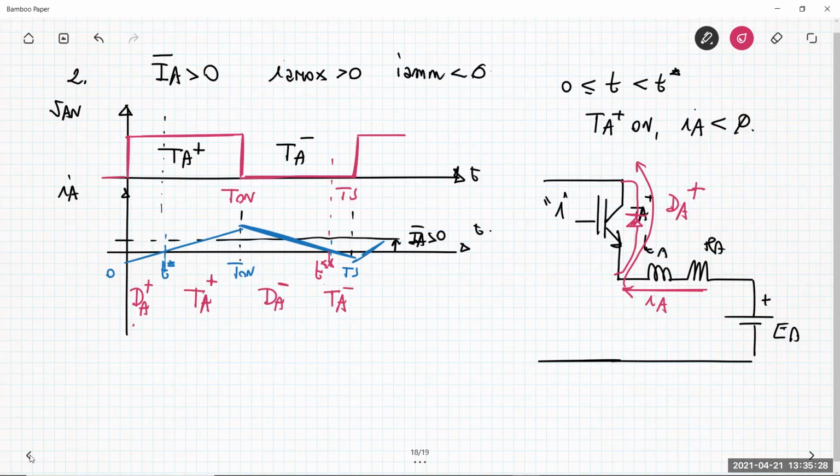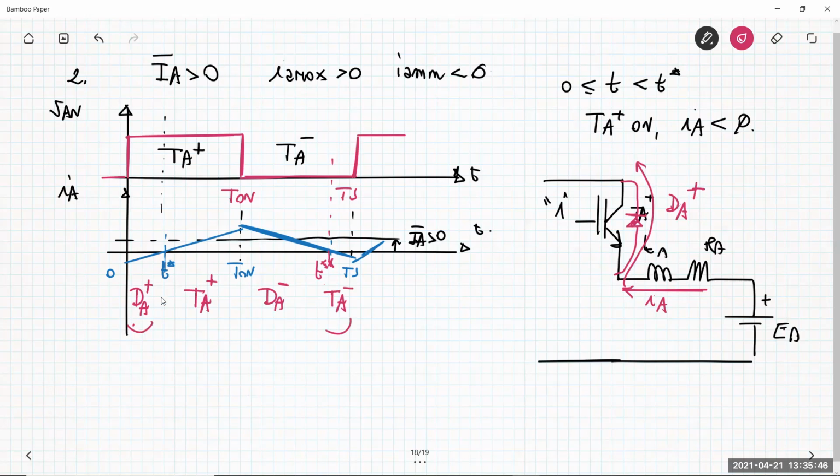We can replicate the behavior for all other periods. Okay, so now the situation is a little bit different from the situation I described before, because now there is also the conduction of Da plus and Ta minus.